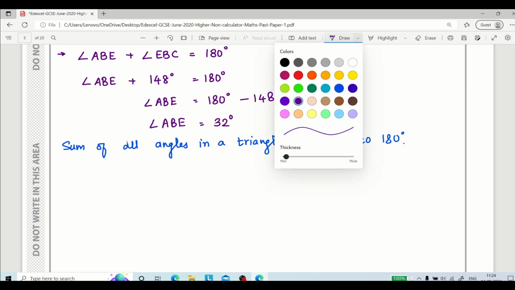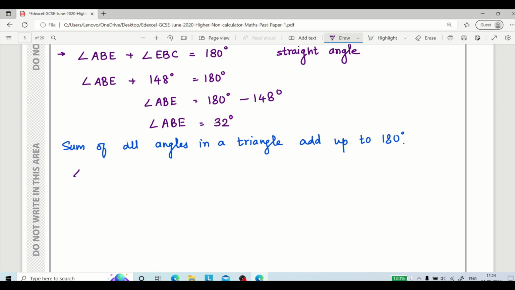So this will give us angle AEB plus angle ABE, that is angle EBA, plus angle EAB is equal to 180 degrees.